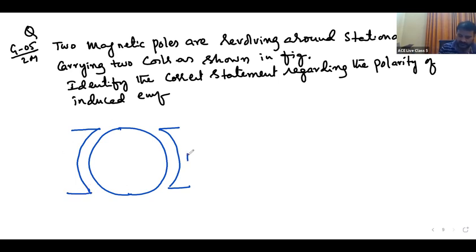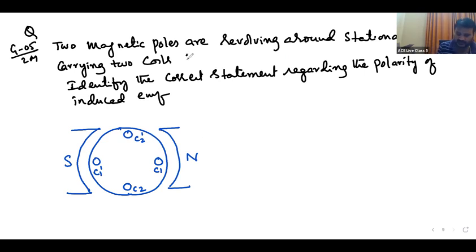The North Pole, South Pole, these are the conductors, coils. C1, C1 dash, C2, C2 dash. It is carrying two coils as shown in figure.